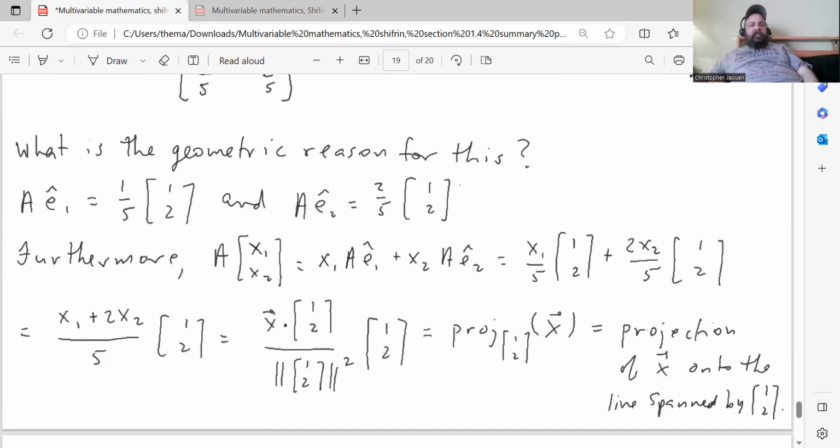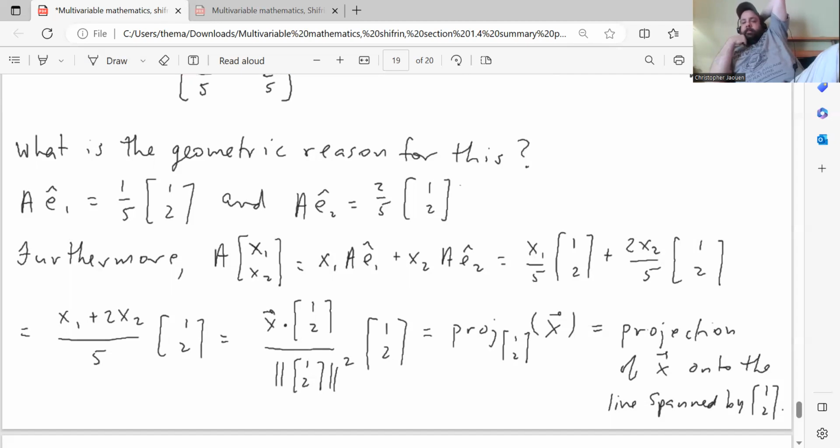The reason is if you look at A times the standard basis vectors. So for example, A times e1, you get 1/5 times the vector 1, 2, and A times e2 is 2/5 times the vector 1, 2. Furthermore, if you take A times any vector x in R2, with components x1, x2, that's equal to x1 Ae1 plus x2 Ae2, from what we just said about A times the standard basis vectors.